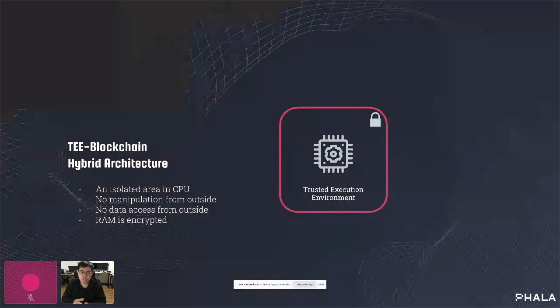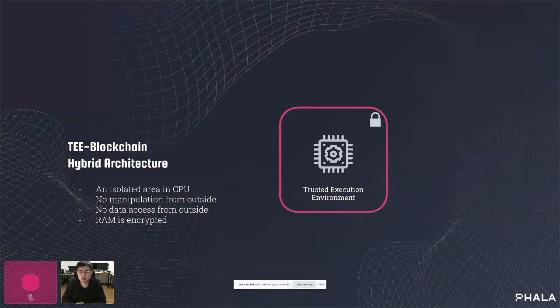Because it's isolated from the other parts of the system, even if you have control over the operating system, or even physical access to the computer, you still cannot manipulate or access the data inside the enclave. And of course, the RAM is also encrypted, so it's end-to-end encrypted.